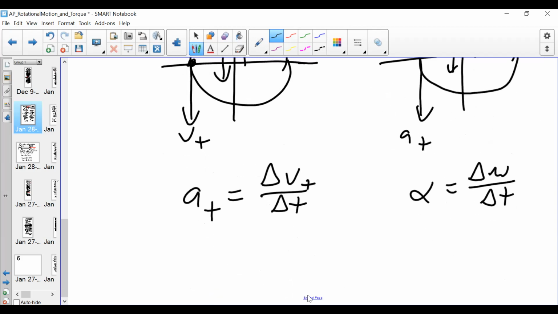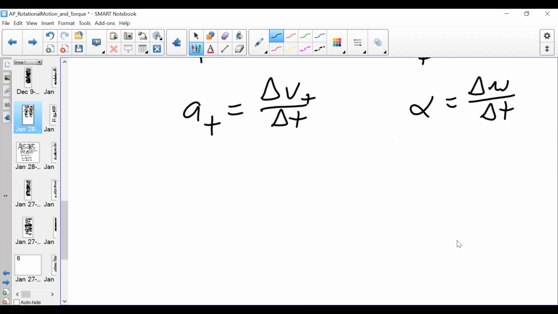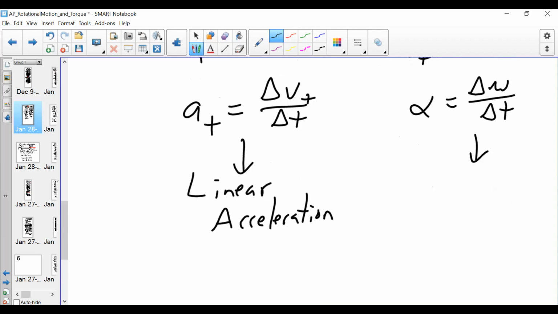All right. So just to finish this up, this will be our linear acceleration. And this is the angular acceleration. Okay. Those are just the straightforward analogs between the two.